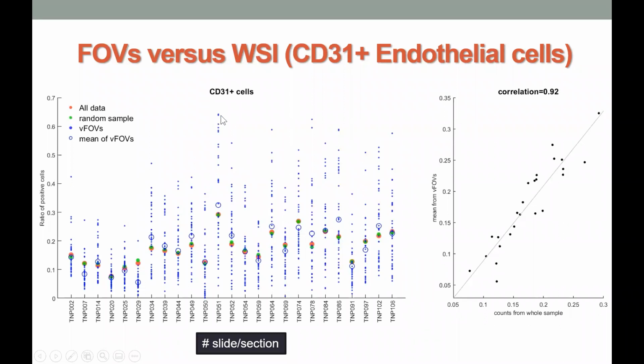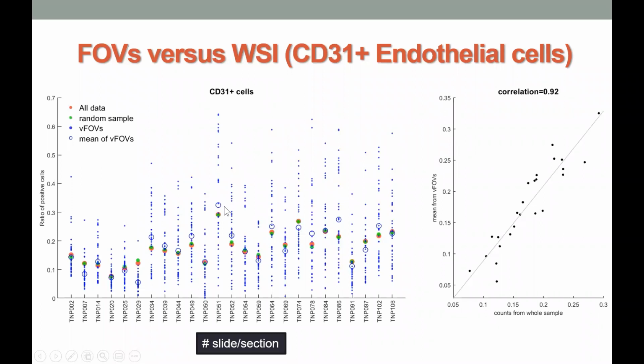You can get as high as 70%, as low as close to 0%. Even if we aggregate all of this, although maybe this is a bit exaggerated, we take 40 fields of view and get a mean right here. The true mean of the whole sample shows up here in the red dot.